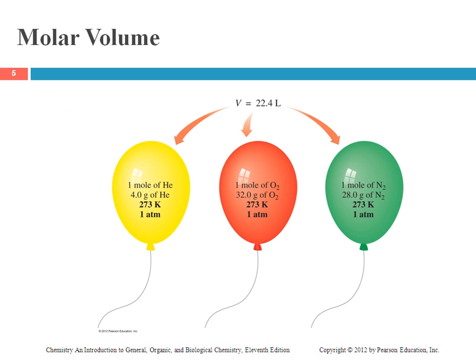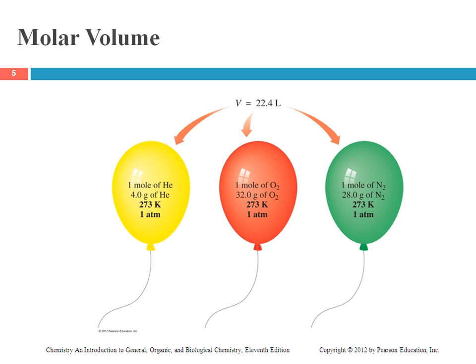If we look at these balloons, we have helium in the yellow balloon, oxygen in the red, nitrogen in the green. So it doesn't matter what the gas is. At STP, 273 Kelvin and 1 atm, we have 1 mole of helium, of oxygen, and nitrogen in those balloons, and they have the same volume.